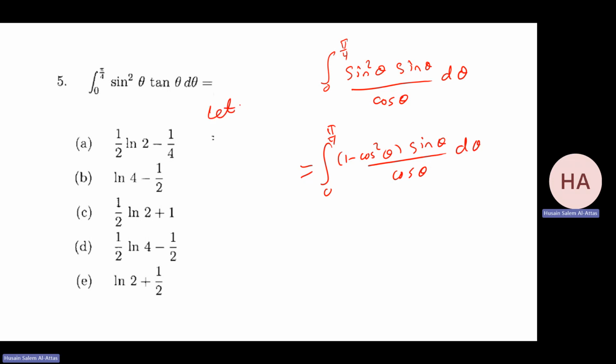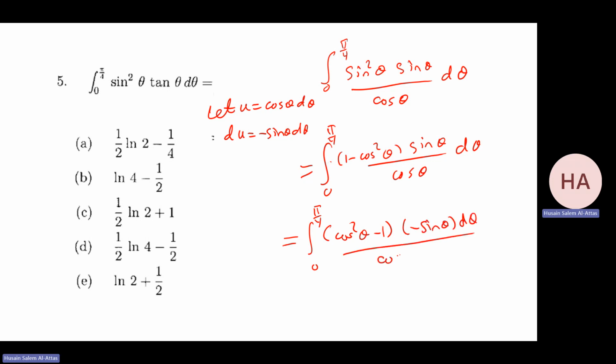Now if I let u equal cosine theta, du will be minus sine d theta. So I make it the other way. This one I can write as the integral from 0 to pi over 4 of cosine squared theta minus 1, times minus sine theta d theta over cosine theta. So I'm getting, at 0, that's 1, and at pi over 4, that will be square root 2 over 2.